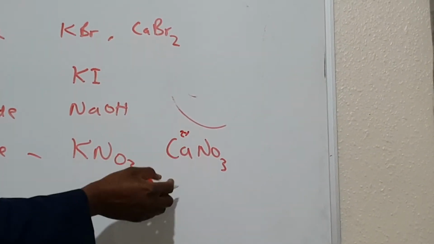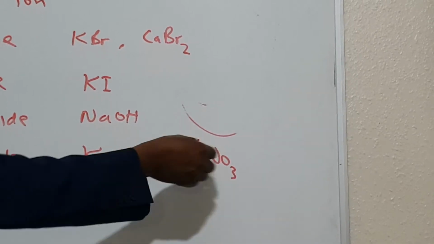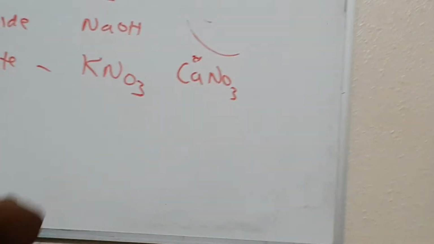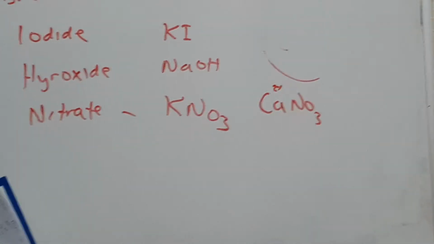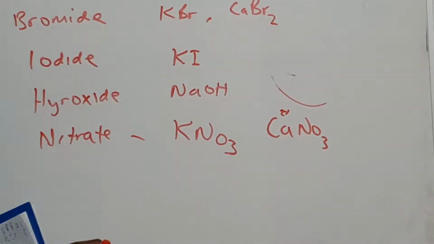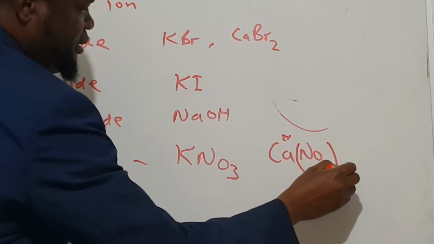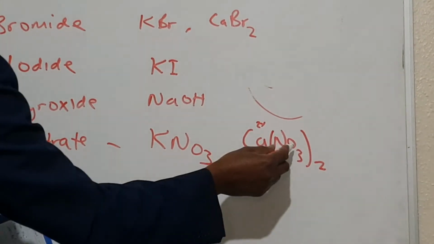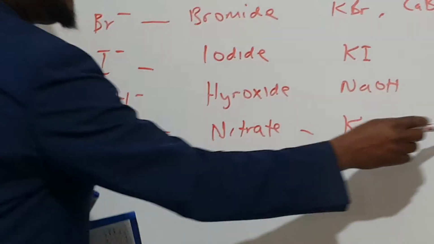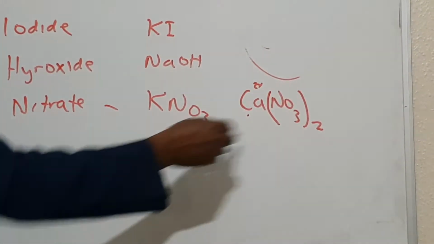So when they interchange valencies, what should nitrate be? Nitrate is 1 minus, calcium is 2 plus, so we exchange valencies.